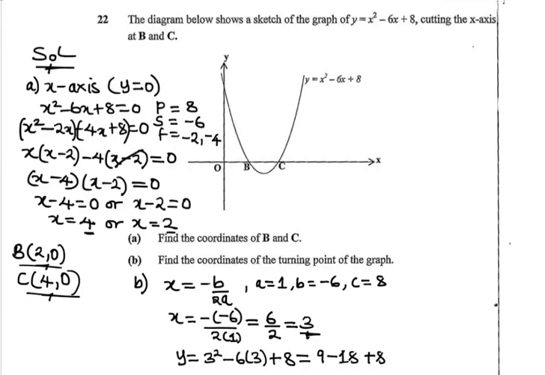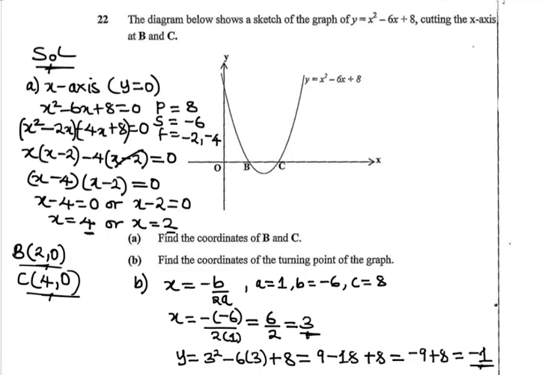So 9 minus 18 gives negative 9, then that negative 9 plus 8 will give us negative 1. So the value of y is negative 1 at the turning point.